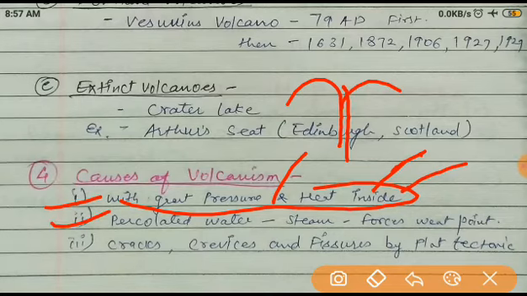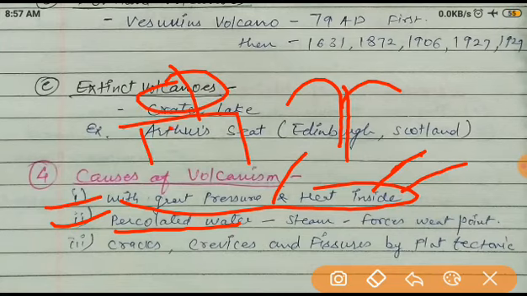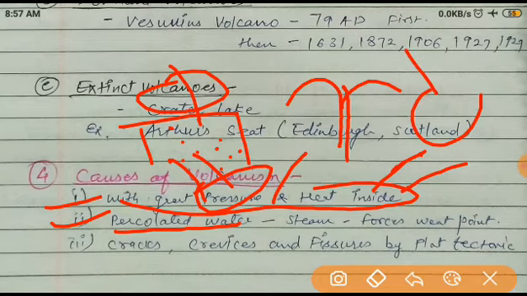Second one is the percolated water. What is the percolated water? It means when there is percolation, the water which is stored in the earth crust goes inside in small droplets. When it goes inside, if there is magma, what will happen? Just like if we add some water to a fire, it starts producing steam, and steam is very pressurized, like the steam engine.